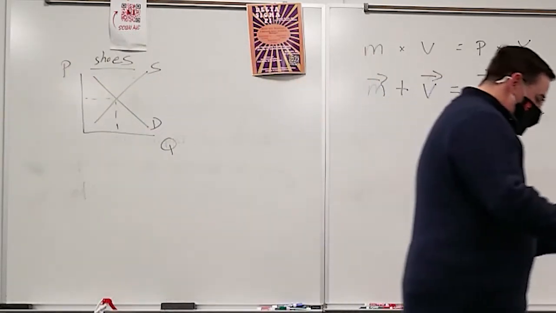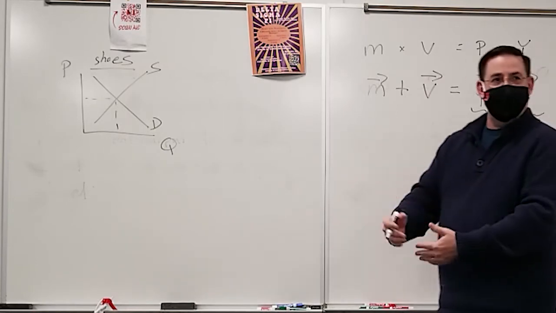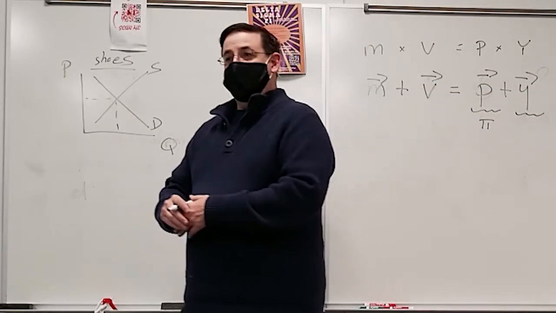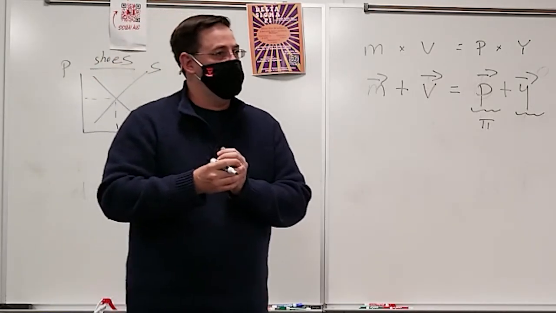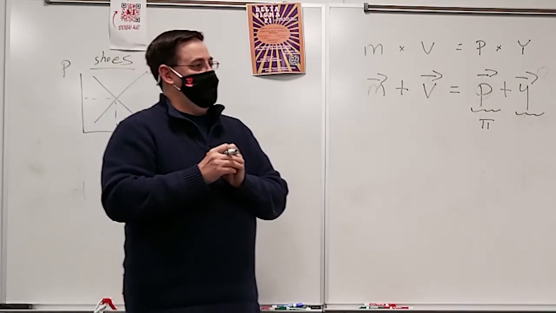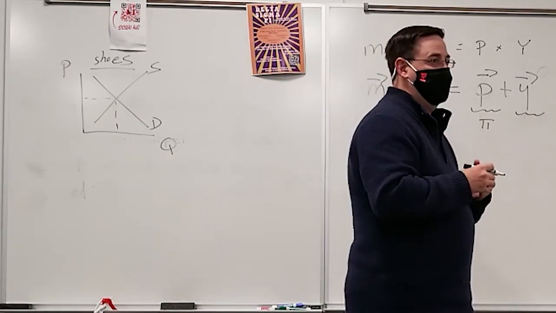Now, tell me, what would happen in the market for shoes if the price of milk goes down? If the price of milk goes down, but the price of feed for cows doesn't go down, it could be that it becomes too expensive to feed the cows.